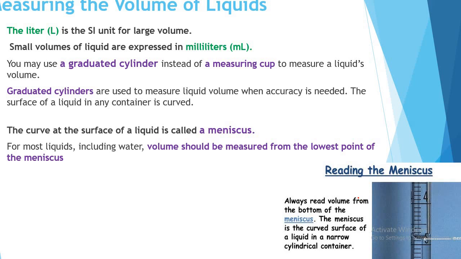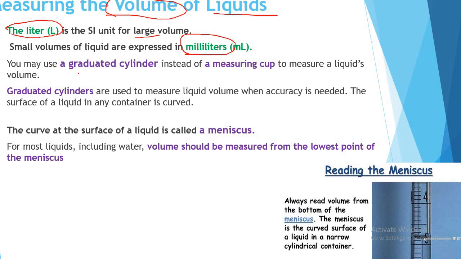How to measure the volume of liquids? We use the liter as the SI unit to measure large volume. So what about small volume? We use milliliters to measure small volume of liquid.